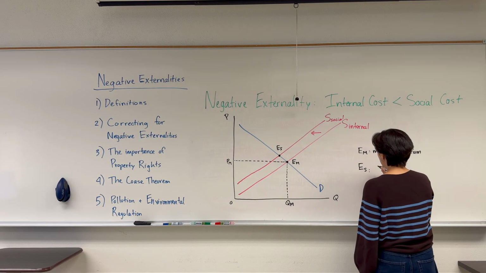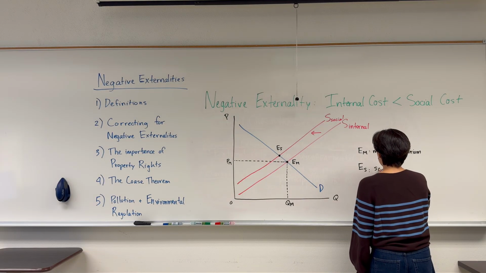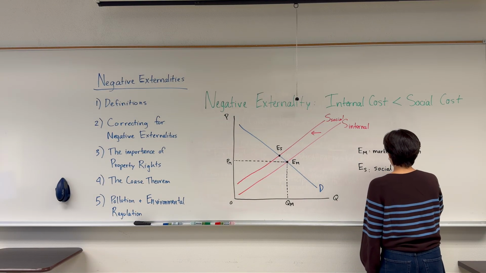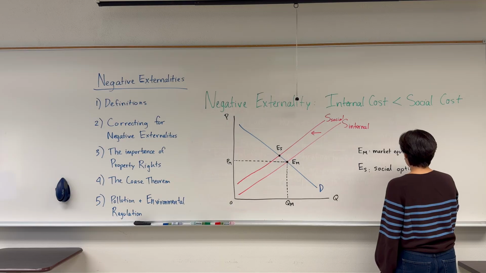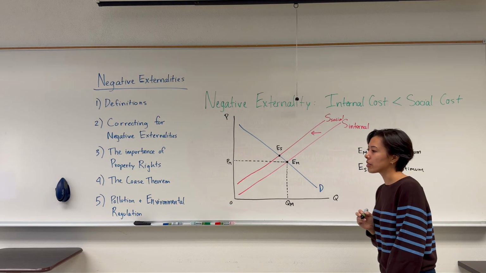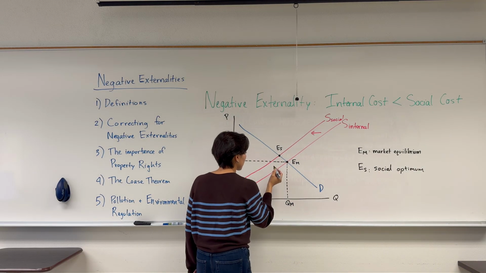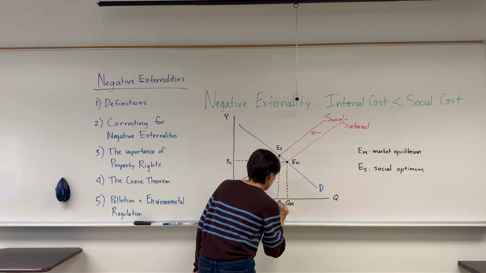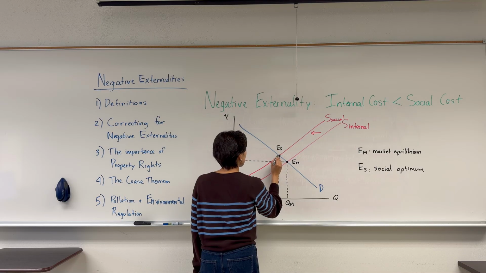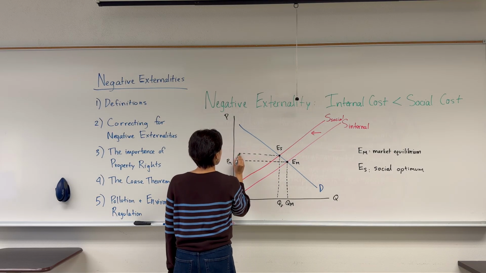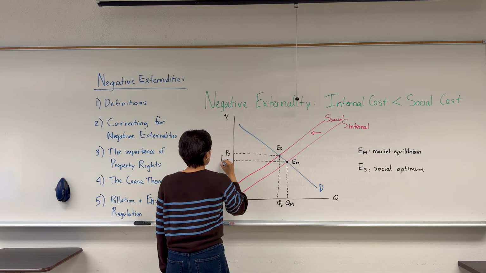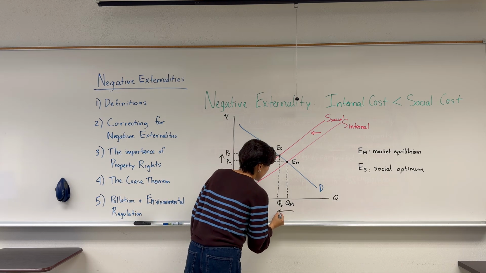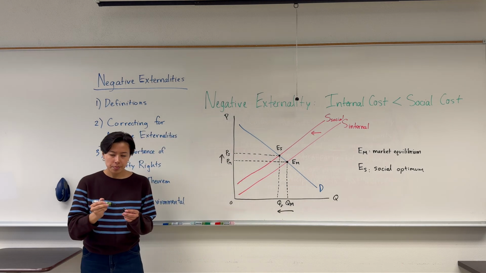This is the price and quantity of my good that should be produced if I consider the costs that I'm imposing on society, on that third party. So society would rather that I produce less of this product, and as a result, the equilibrium price will also be higher at my social optimum.